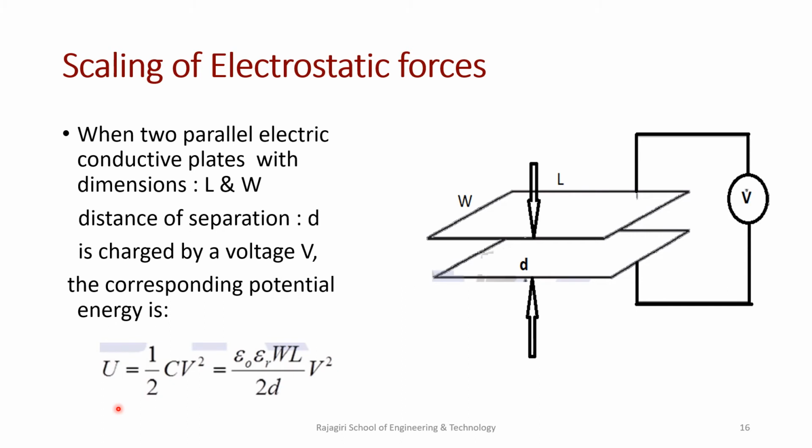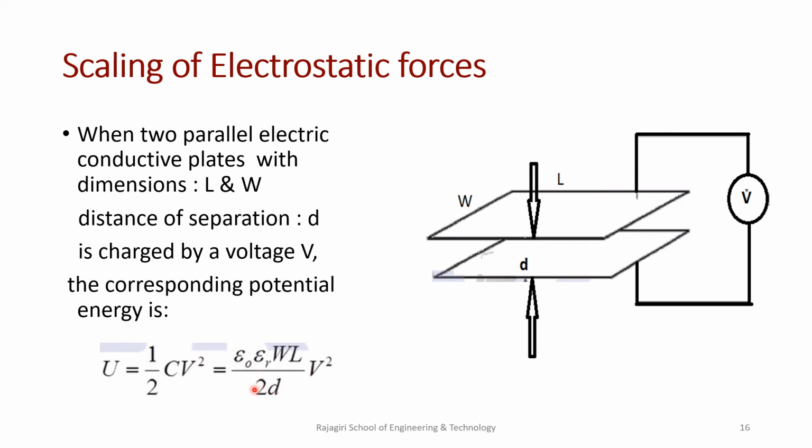The expression for electric potential energy induced in the parallel plates is given by U is equal to half CV square, which is also equal to epsilon 0 epsilon r WL V square by 2D.